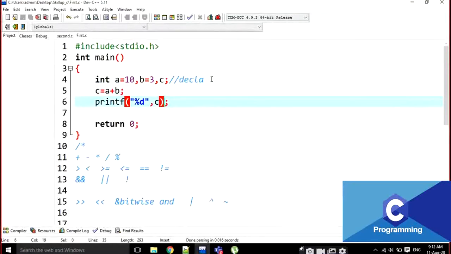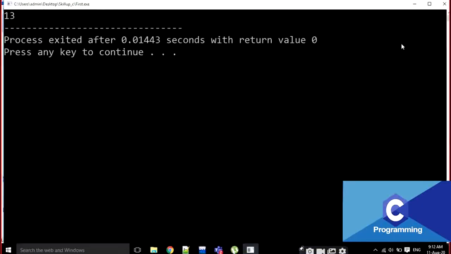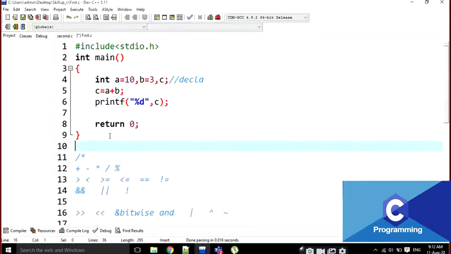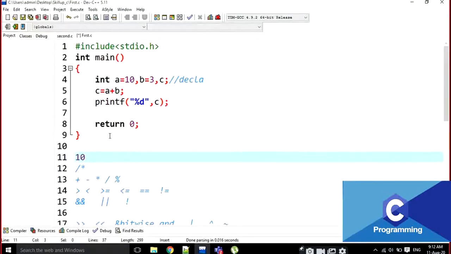Okay, I am going to execute it. Press F11. The output is going to print 13. For example, I am going to print the format as 10 plus 3 is equal to 13. How am I going to print it here?